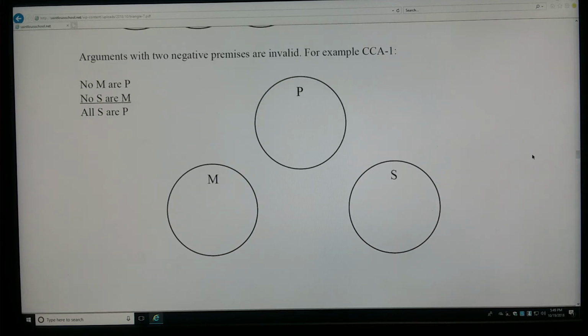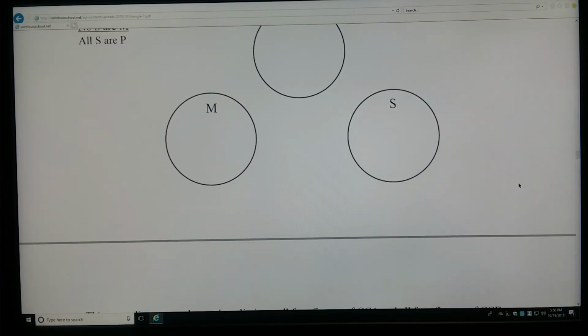Right, now let's move to arguments with 2 negative premises. So when there are 2 negative premises, that just means that they don't overlap at all. So we have no M are P, okay, no S are M, and then our conclusion says all S are P. But obviously our diagram here does not show that to be the case.